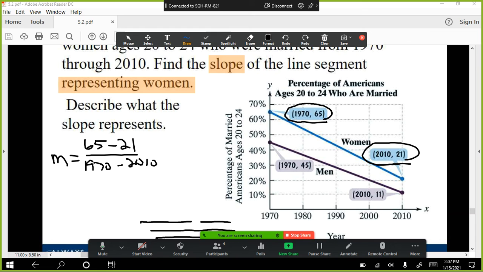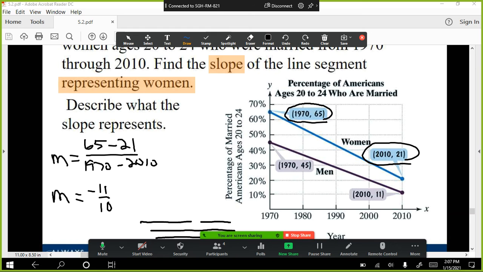I'm going to call up a fraction, and put 65 minus 21 on top, and 1970 minus 2010 on bottom. And my slope is negative 11 over 10.